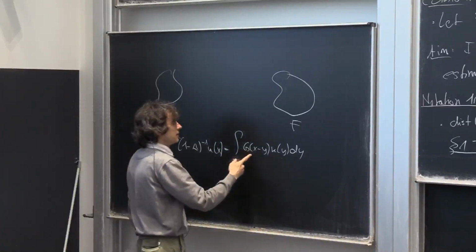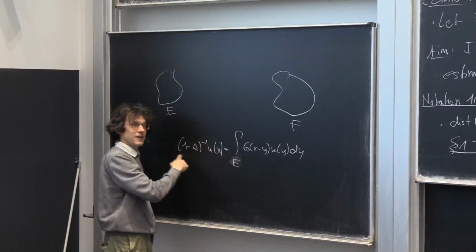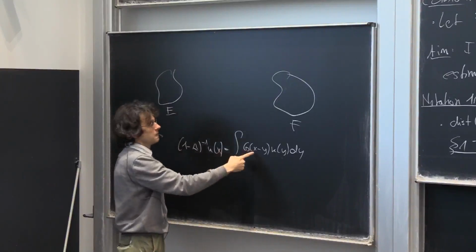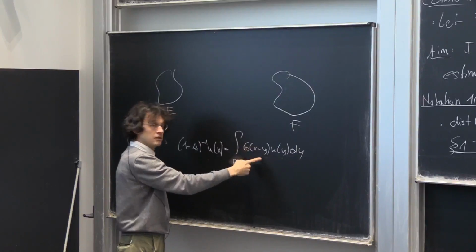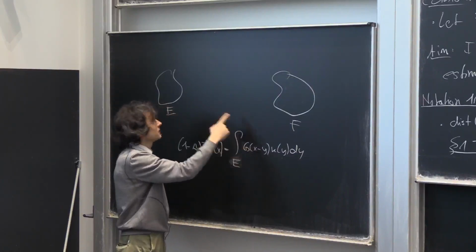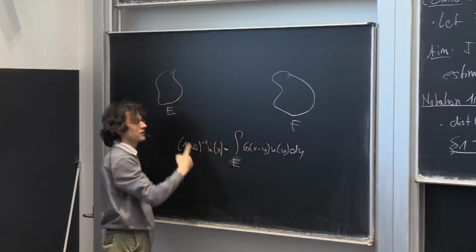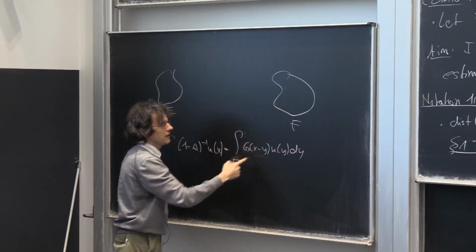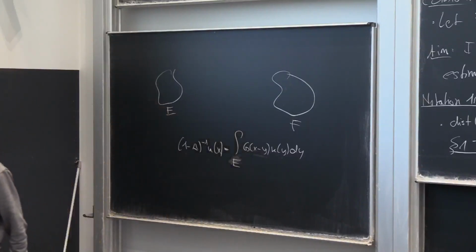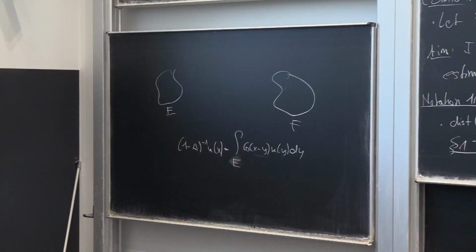And if we have an x in F, so if we want to look at this in F, we have the difference of an element in F and an element in E here. So what is of interest for answering this question, how much is the resolvent in F when u is only supported in E, is a question on what is g for arguments that have large absolute value. So we need an estimate for g for arguments with a large absolute value.